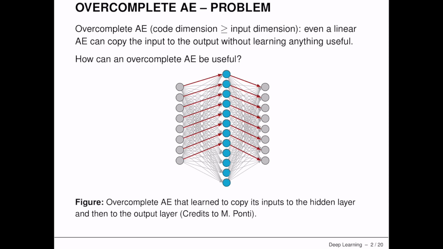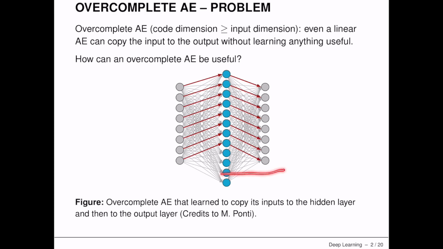So the code dimension is greater than or equal to the input dimension. We have already seen for linear autoencoders that this is a problem because we could just learn the identity mapping. And of course, this could also happen if we have more hidden than visible neurons.